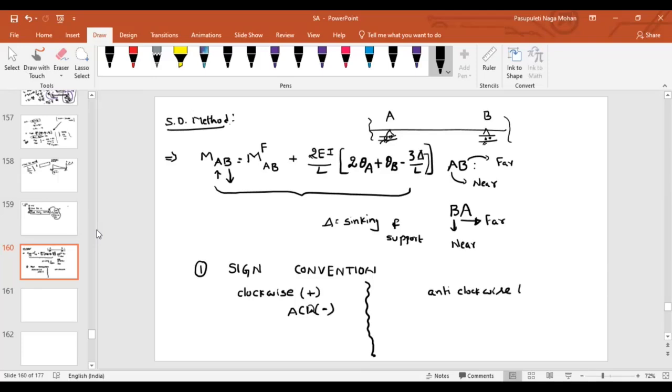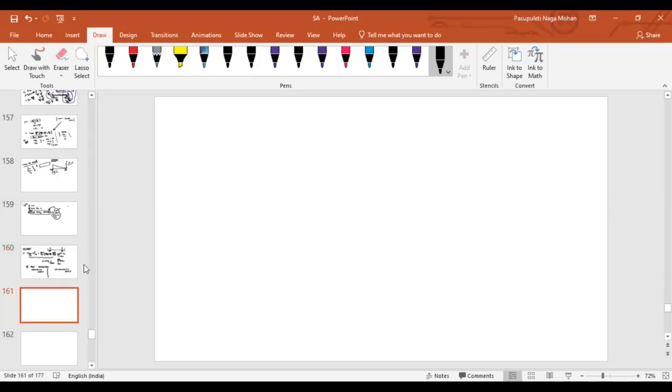If I consider my anti-clockwise as positive, obviously I have to consider my clockwise movements or rotations as negative. It's kind of obvious, isn't it? If I am considering force on the right side as positive, obviously the force on the left side will be negative. So now let us first consider that I am assuming the clockwise movements or rotations are positive.